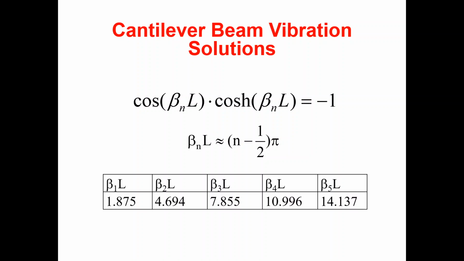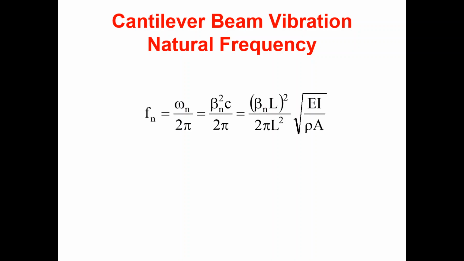So beta 1L, beta 2L, beta 3L, beta 4L, beta 5L, all of them are going to be equal to these, as you can see. And the natural frequency can be calculated using this equation, beta nL squared over 2 pi L squared, square root of EI over rho A, in which n is the mode, L is the length of the beam, E is Young's modulus, I is the moment of inertia, rho is density, and A is the cross-section.